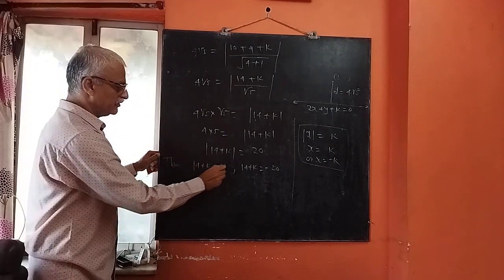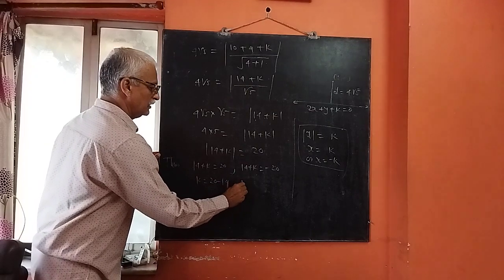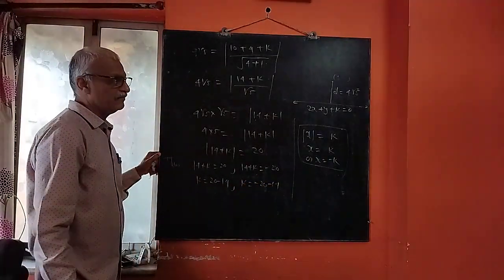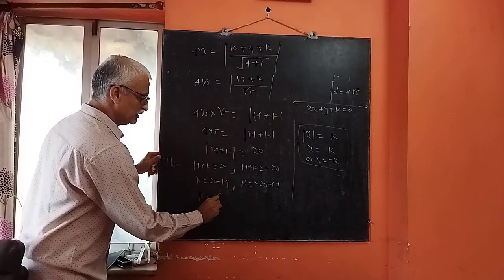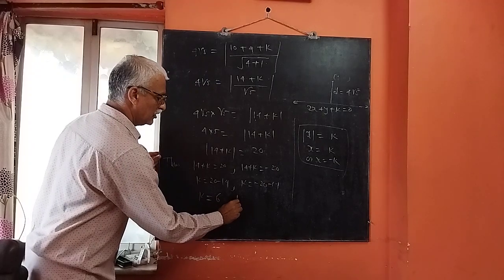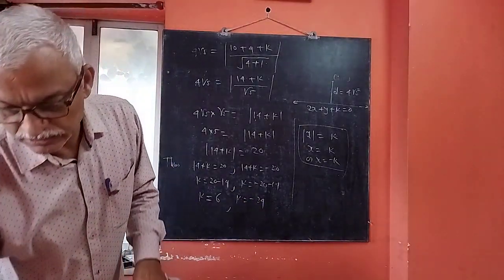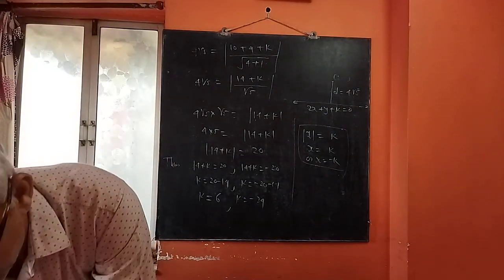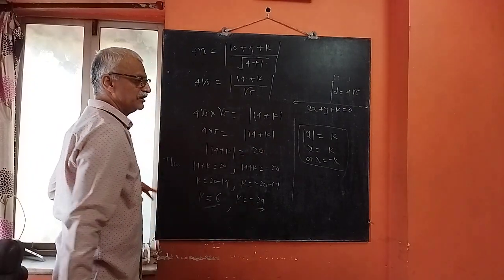Now 14 plus k equals to 20, that means k equals to 20 minus 14, or k equals to minus 20 minus 14. That means we'll get k equals to 6, or k equals to minus 34. So we have got the two values of k, that is 6 or minus 34.